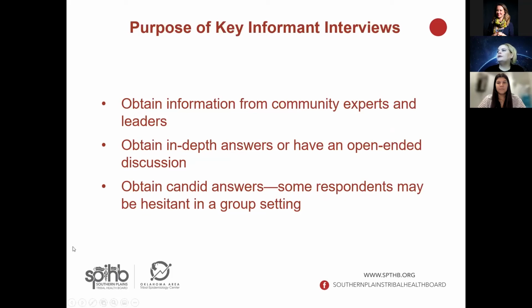And then there are also key informant interviews. This is to obtain information from community experts and leaders. You want to obtain in-depth answers or have open-ended discussions and obtain candid answers. Some respondents may be hesitant in group settings. So for a key informant interview, you really want to select people who have knowledge about the subject.